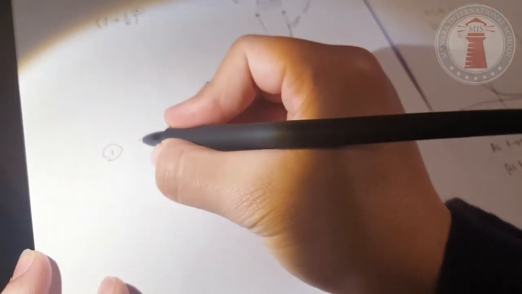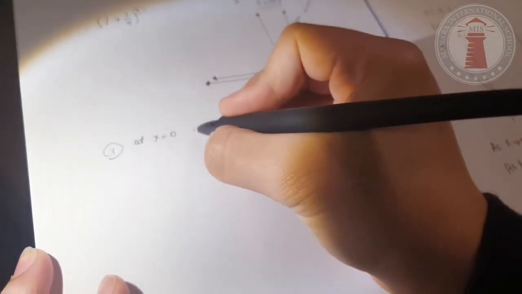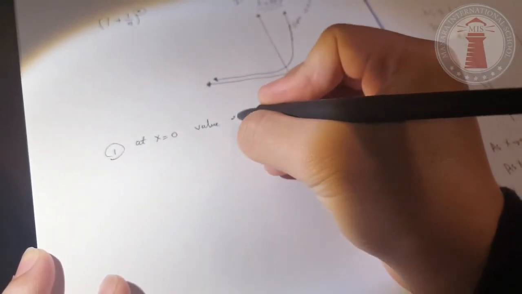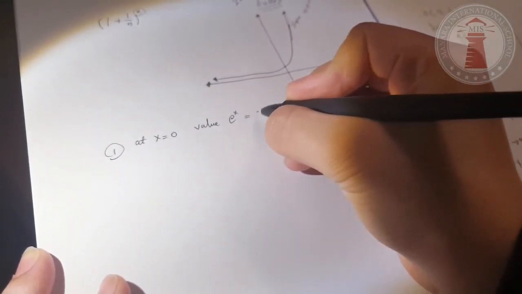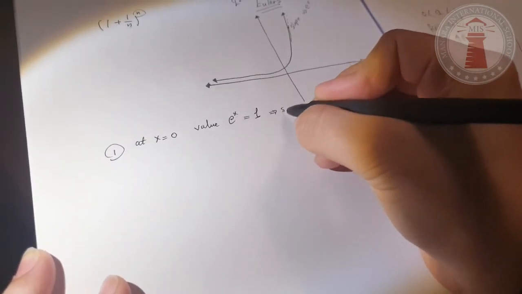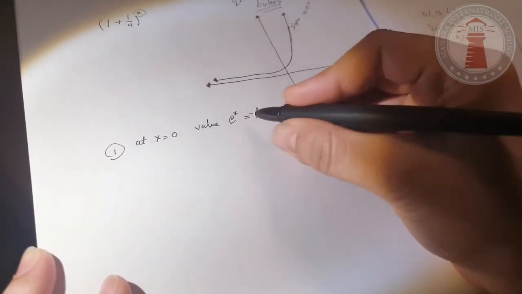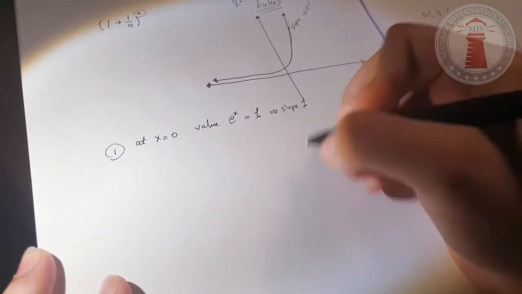For example, at x equals 0, the value of e to the x is 1, because it's e to the power of 0, which is equal to 1. The slope in this case, at x equals 0, will be e to the x, which is 1, so you'll get a slope of 1.